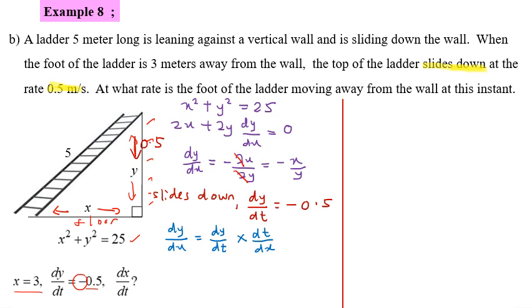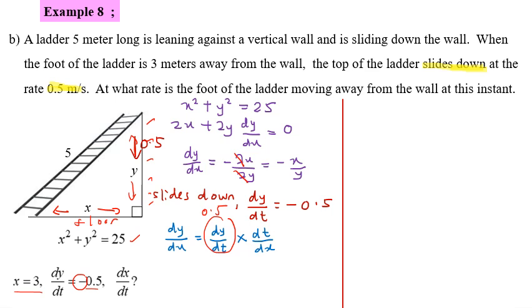And then here we will apply the chain rule. Basically the chain rule, as we know from the previous chapter, dy/dx equals dy/dt times dt/dx, right? So dy/dx we already obtained above. dy/dt, slides down, so dy/dt is negative 0.5.